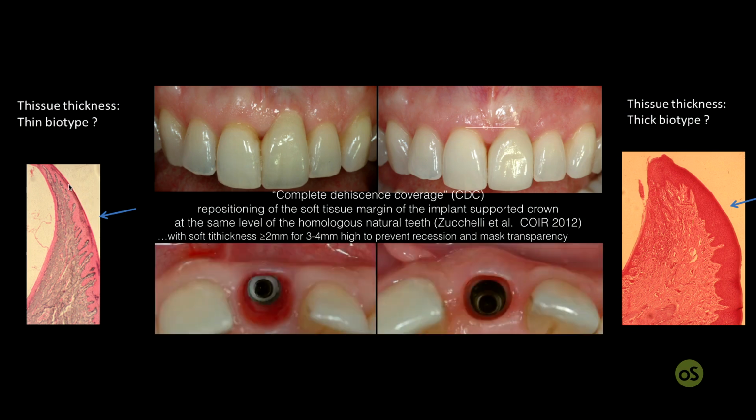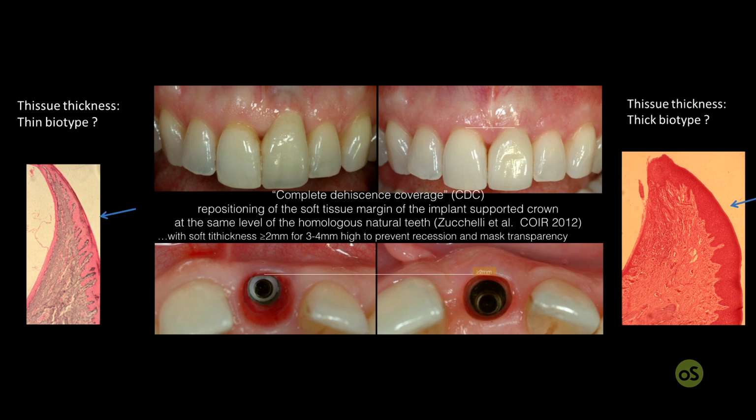So it is critical not only to cover at the same level, but to give to the soft tissue margin where we are going to place our new implant-supported crown the right thickness. And this right thickness should be at least 2 millimeters starting from the soft tissue margin.